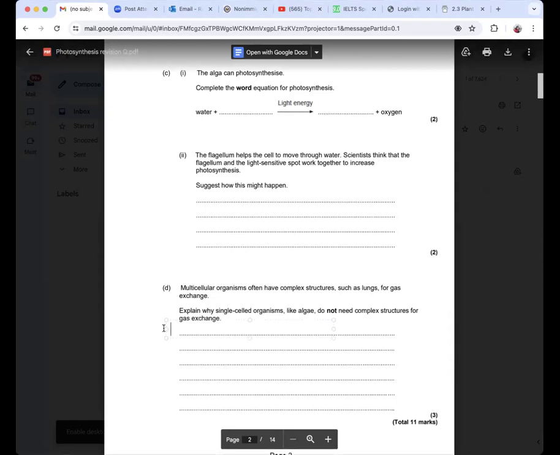So first of all, single-celled organisms like algae do not need complex structures for gas exchange because of their small size and simple structure, because they allow direct exchange of gases with their surroundings, like I mentioned before. That's one reason.